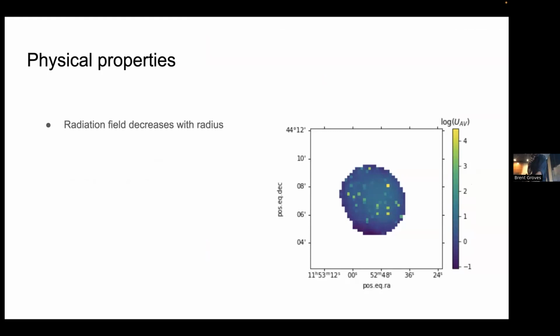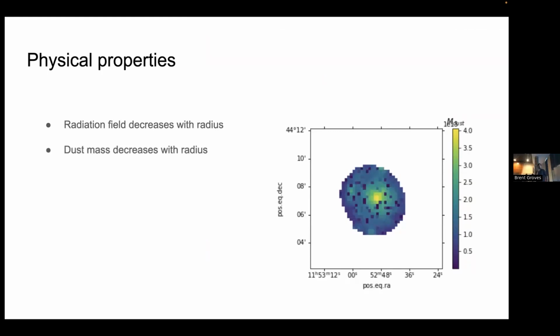But if we look at the dust masses per pixel, even though it is decreasing with radius, there are also some smaller substructures within the disk. So it might be that these two properties are degenerate with each other, but there are also some differences in how the dust is distributed within the disk relative to the average radiation in the pixels itself. Thank you. All right, let's thank the crowd again.